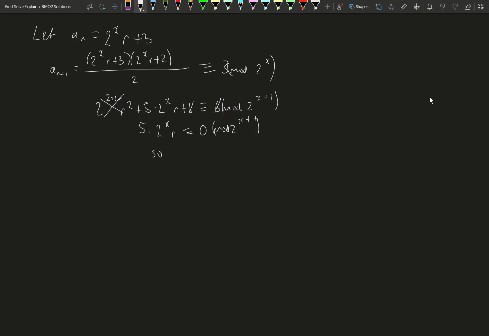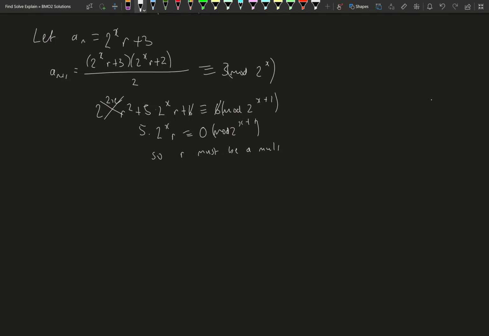So r must be a multiple of 2, or even. Therefore An is congruent to 3 mod 2 to the x plus 1.